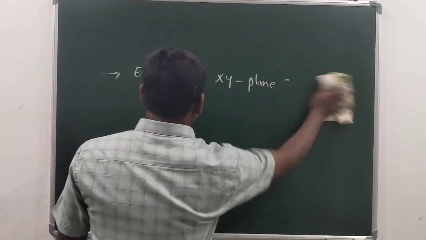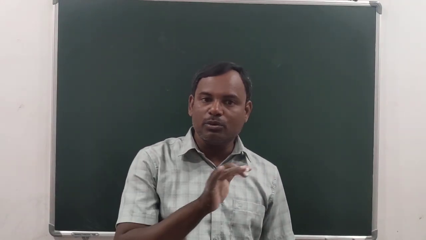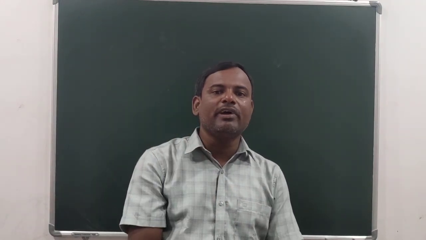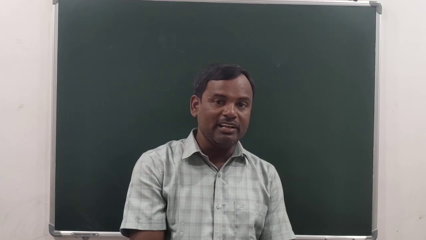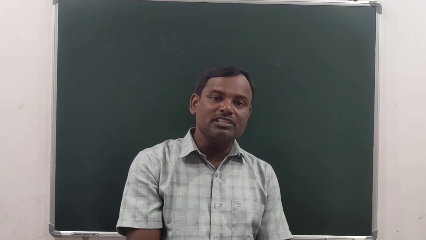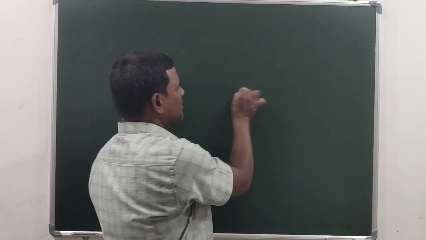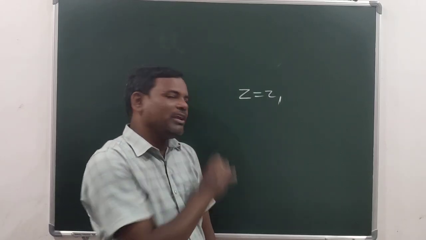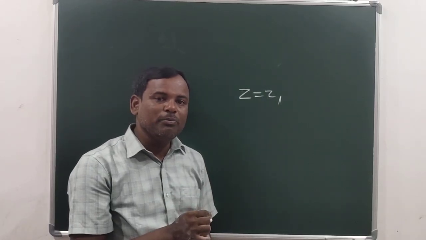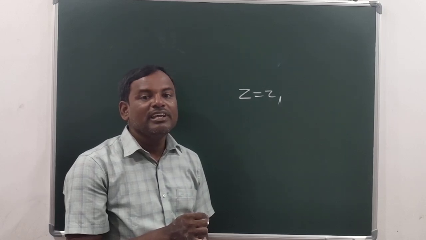Now I am asking you to find the equation of a plane which is parallel to the xy plane and passes through a point x1 comma y1 comma z1. It is z equal to z1. This is the plane equation which passes through the point x1, y1, z1 and is parallel to the xy plane.